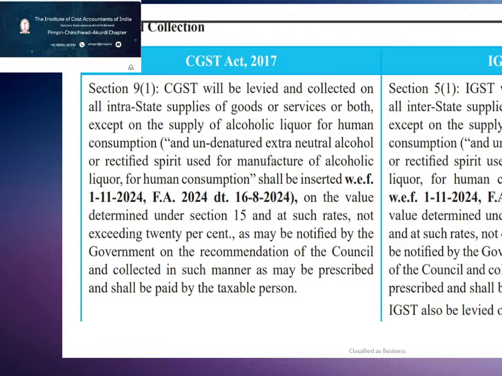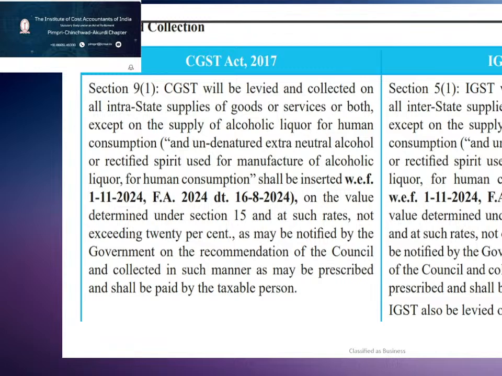And one important point you have to learn from this: IGST is levied on import of goods. So for all imports which we are doing, it will not fall under CGST. You can check in all bills of entry: whenever we import goods, IGST will be levied.